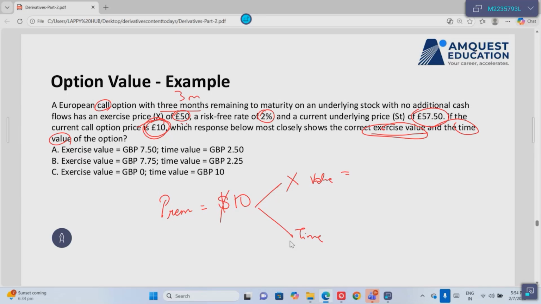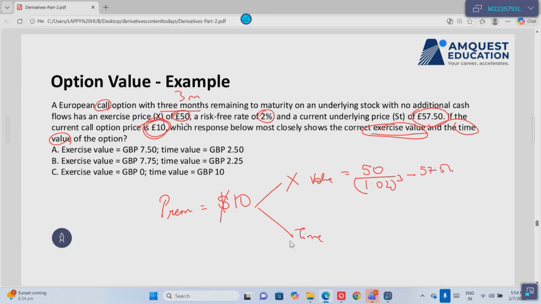Remember, 57.5 is the current price, and your exercise price is 50. It's a call option to buy, but you will get the 50 after how much time? 3 months. So 50 upon 1.02 raised to 3 by 12, minus 57.5. This is the benefit you will get today.